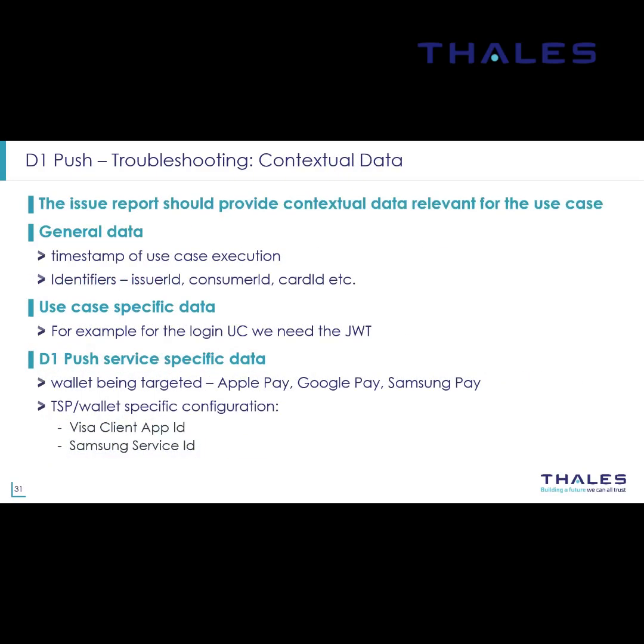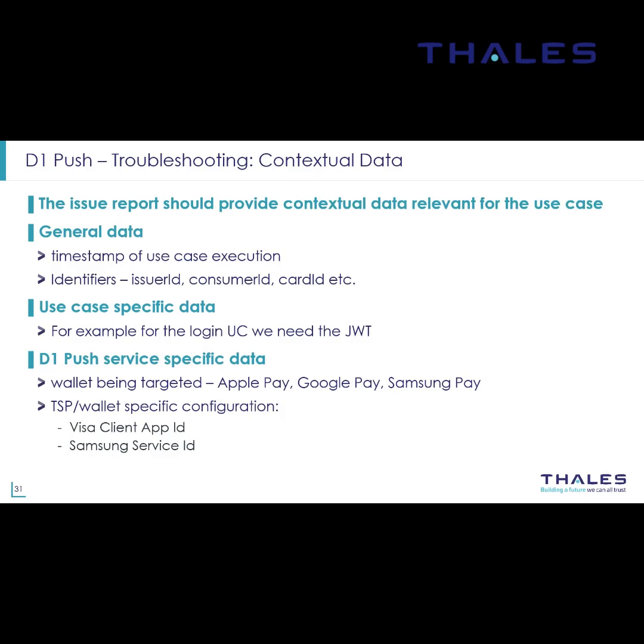Troubleshooting, contextual data. When requesting support from the integration team, we would like you to provide relevant contextual data for the affected use case. This means the relevant timestamp, and specific identifiers such as issuer ID, consumer ID, card ID, etc. These would allow us to speed up the process of searching our D1 backend logs.